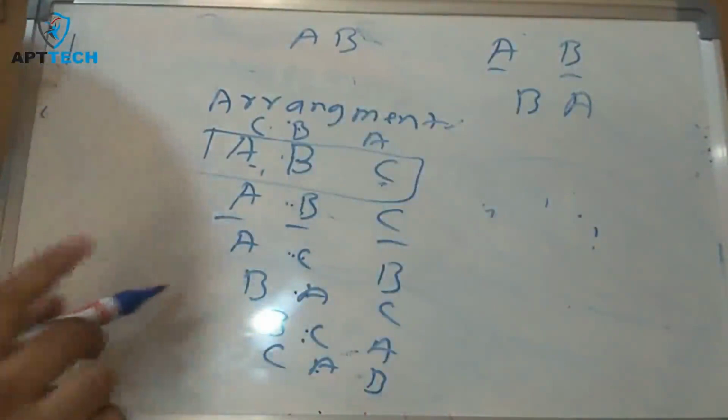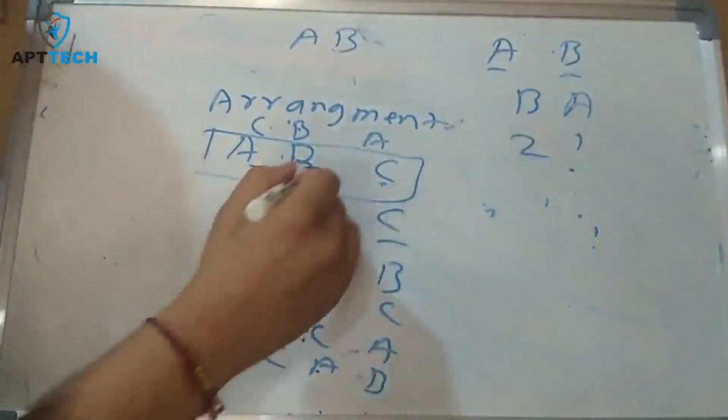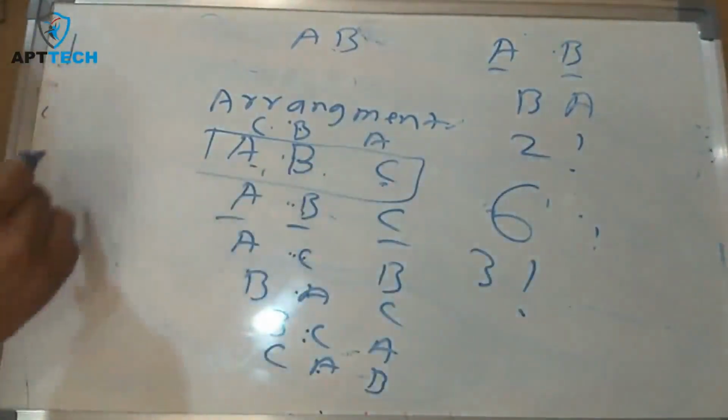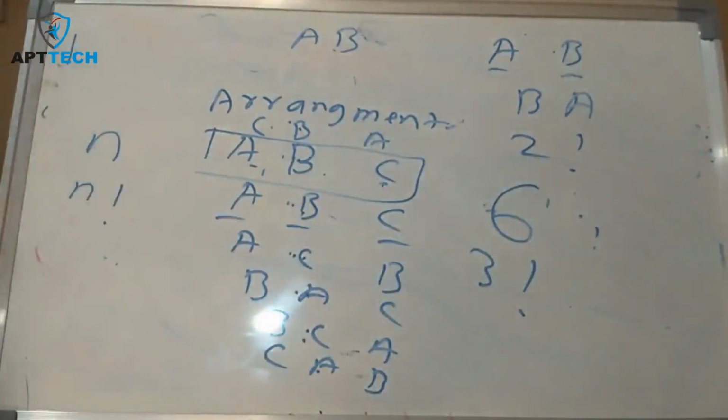So the point to note is that for two people the arrangements were 2, which is 2 factorial. For three people the arrangements were 6, which is 3 factorial. So the logic says N people on N chairs can be seated in N factorial ways.